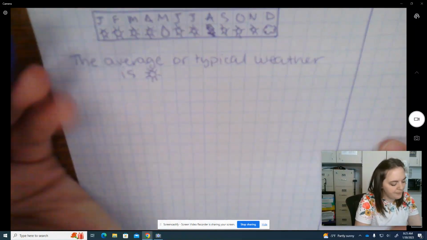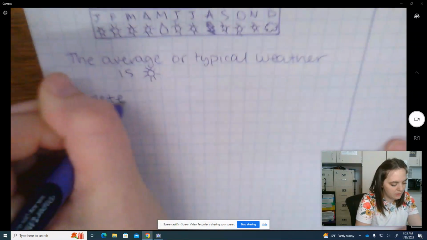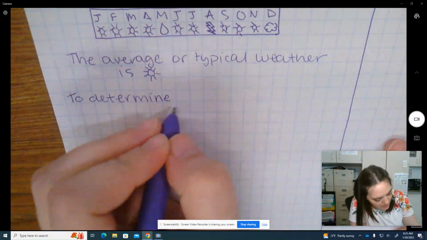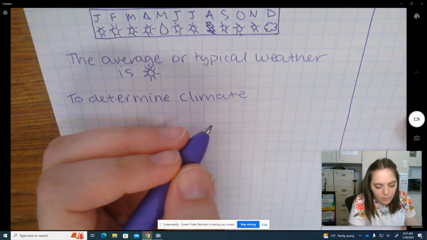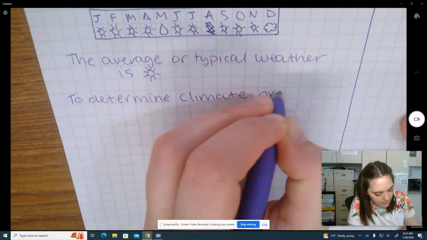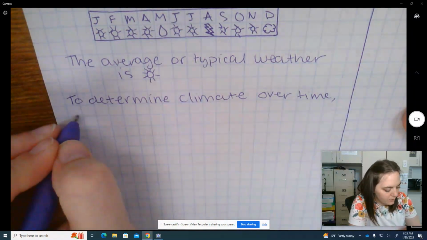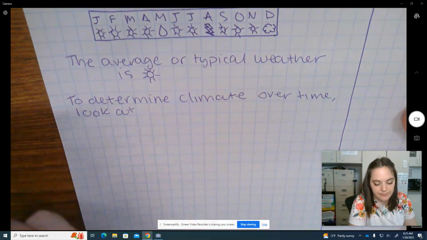So taking that to determine climate, so to figure out what climate is over time, we need to look at two things.